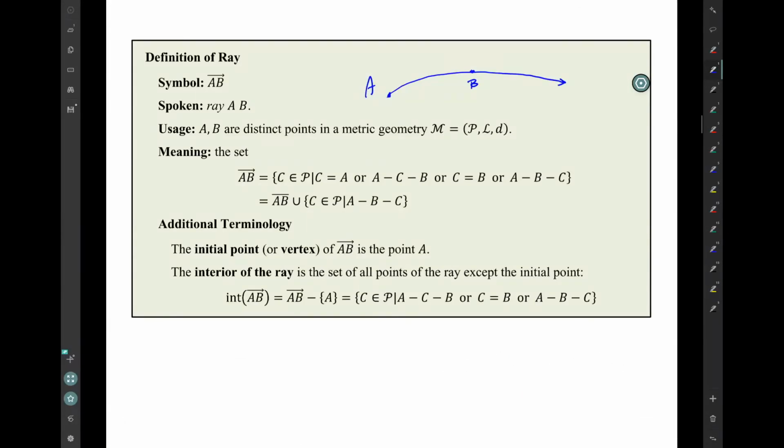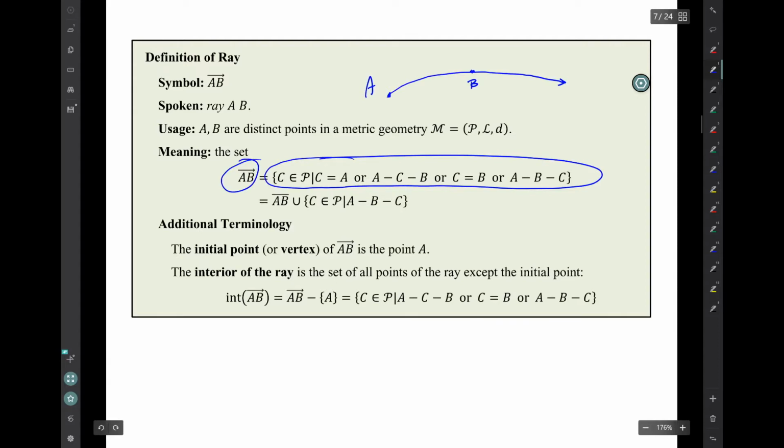Remember that there was this general description of ray, that is a point C that satisfied one of those 4 requirements. But then there was this second description which was a little bit simpler. Either C satisfies this first requirement, that is, C is in that green chunk, or C satisfies this second requirement, that is, C is in this red chunk.